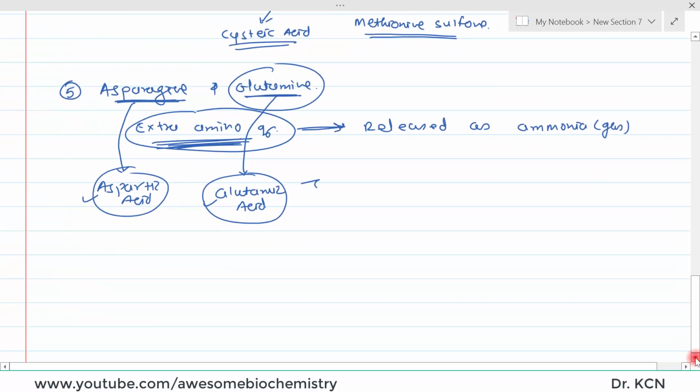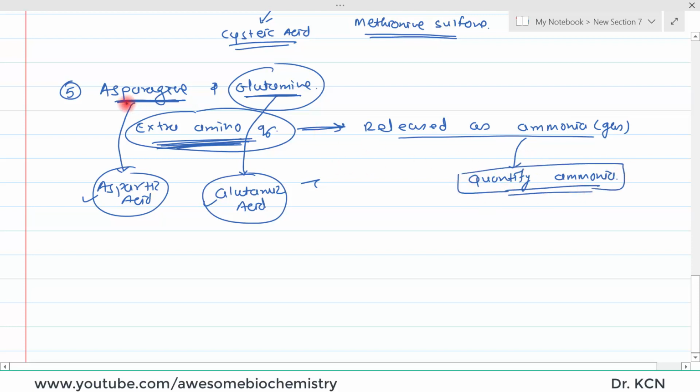We have only a half solution available for this. What is the solution? The extra amino group is getting released as ammonia, so we can quantify this ammonia. Once we quantify ammonia, it can give us an estimate of asparagine and glutamine.